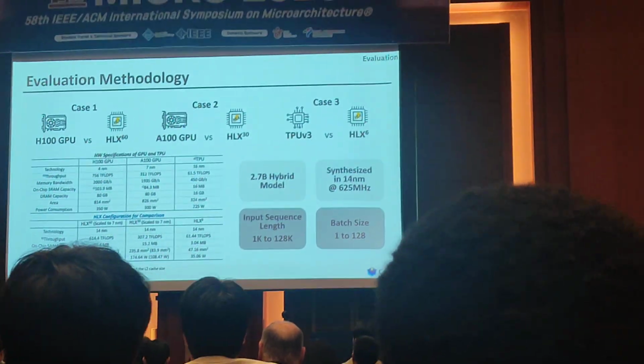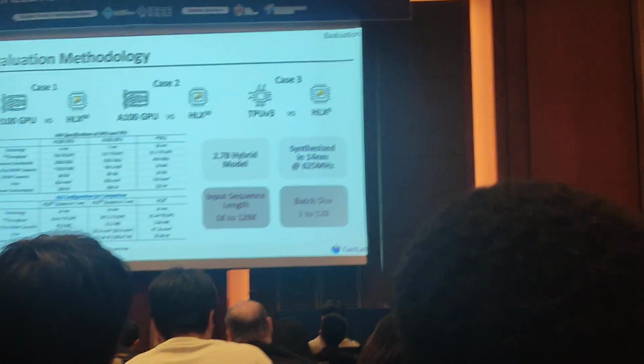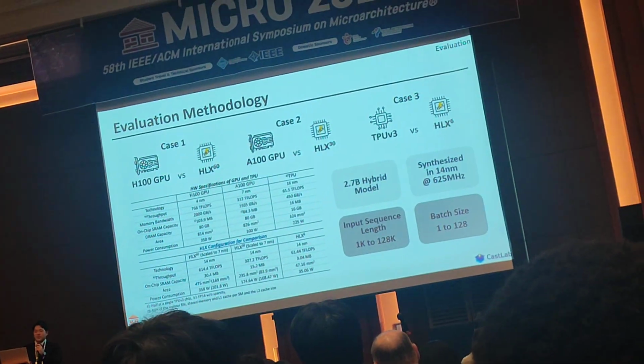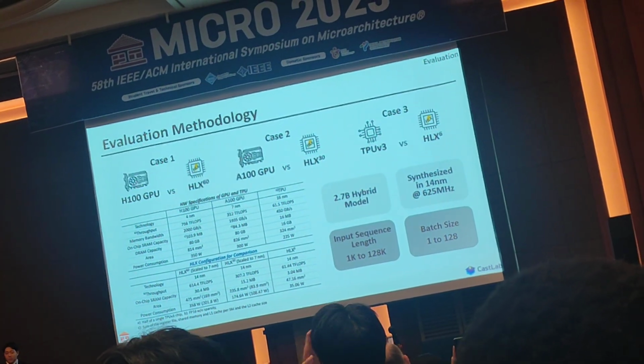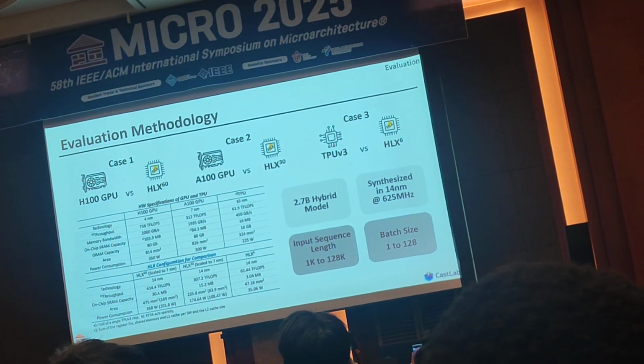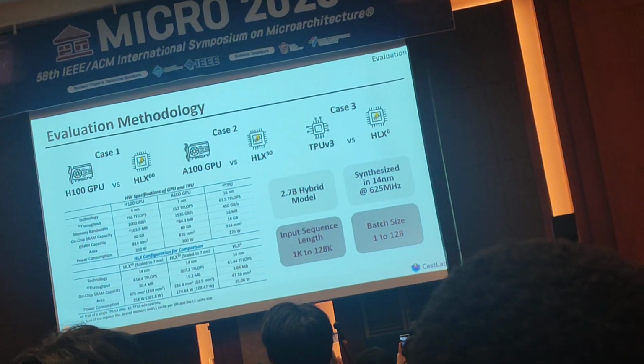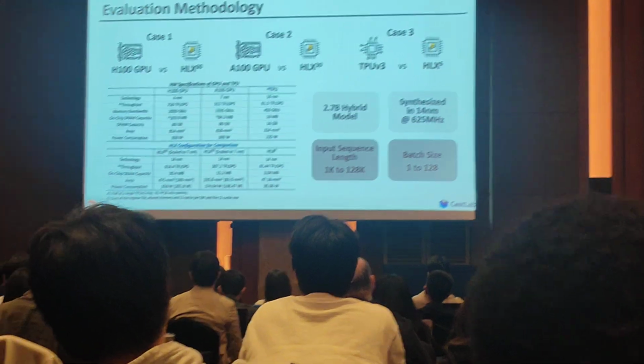Now let's move on to the evaluation setup. So we evaluate HRX using a 2.7 billion parameter hybrid model from the official Mamba 2 GitHub repository, which serves as the backbone for various hybrid models.